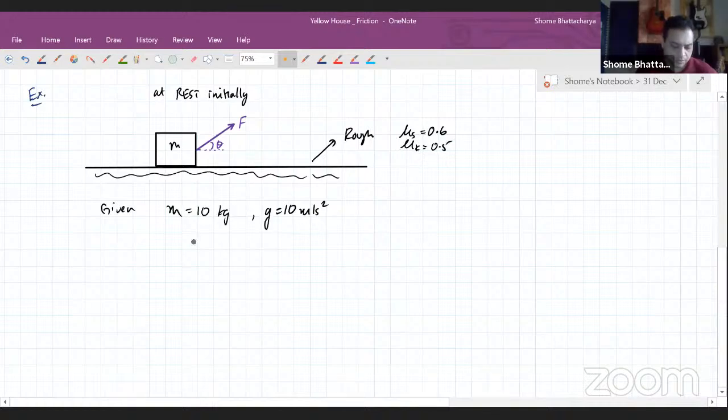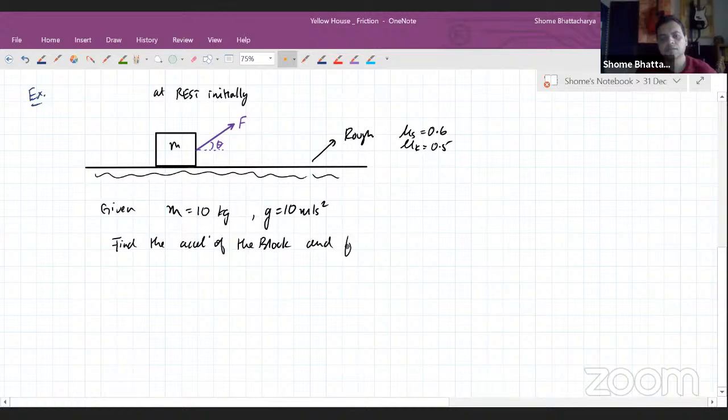We have to find the acceleration of the block and the frictional force acting on it.